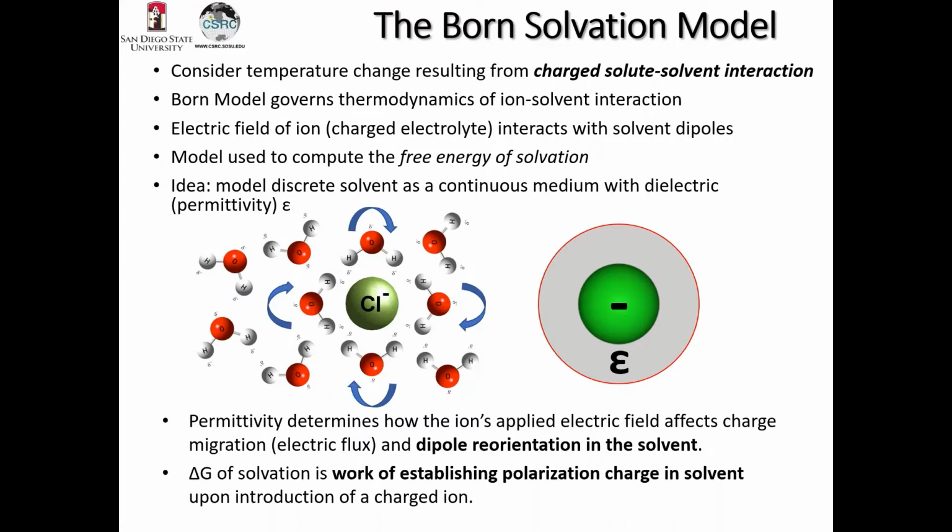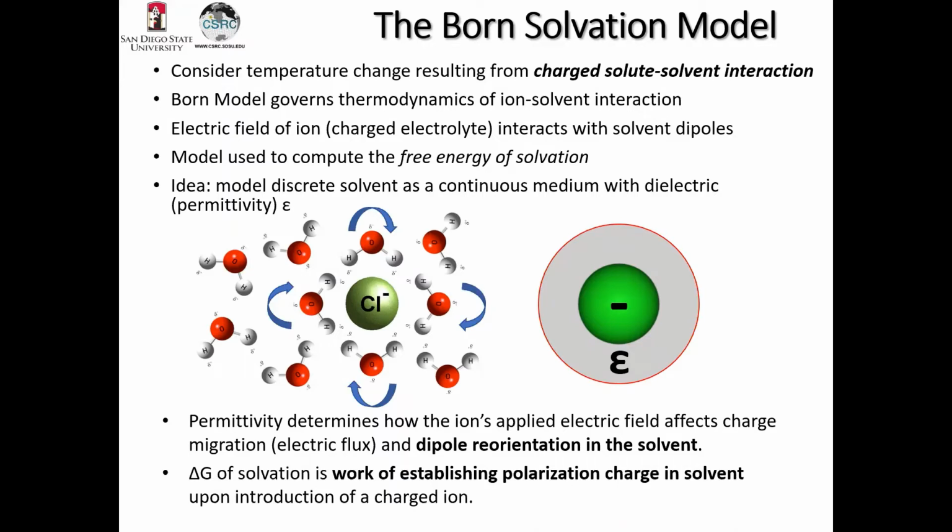You can model a charged ion in a solvent by considering the solvent as having an electric field with a given permittivity epsilon. Permittivity is a measure of the material's ability, in this case the formation water's, to store energy in the electric field. It's kind of like a capacitor: it stores energy in this electric field by reorienting the dipoles. It takes work to reorient those dipoles around the charged ions.